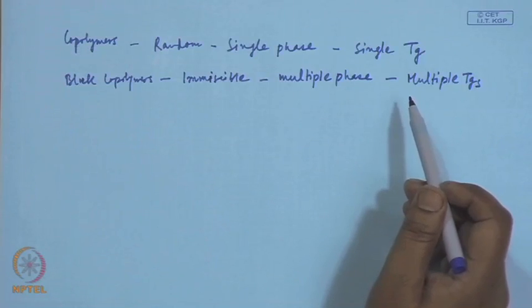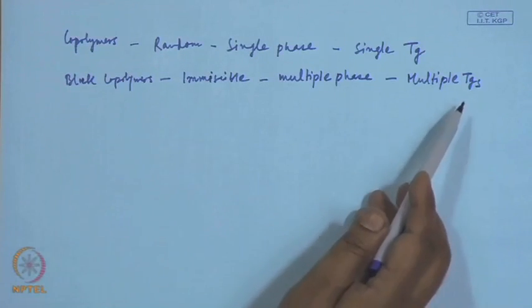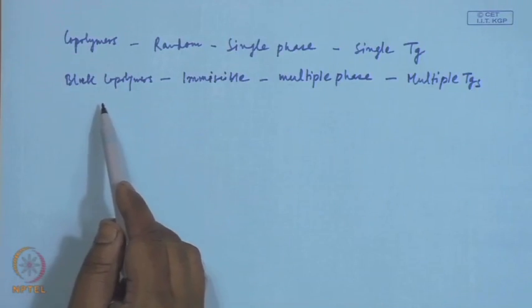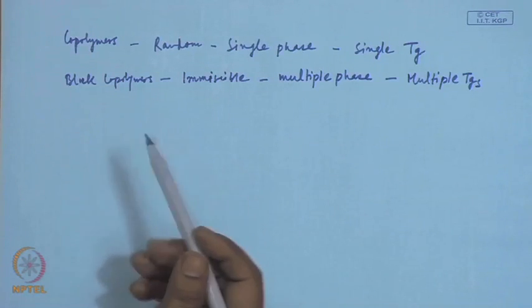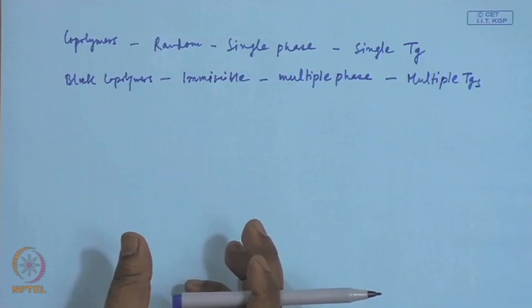Please remember that the Tg of the homopolymer in a block copolymer will depend upon the size or the molecular weight of the block, as we know that Tg also depends on the molecular weight of the polymers. If we talk about a small block, then we are going to get a slightly lower Tg than for a large homopolymer.